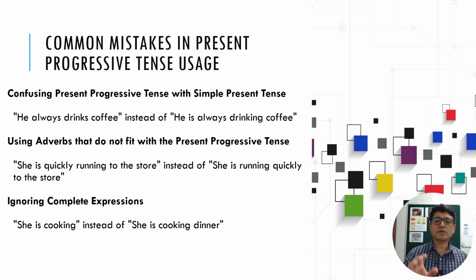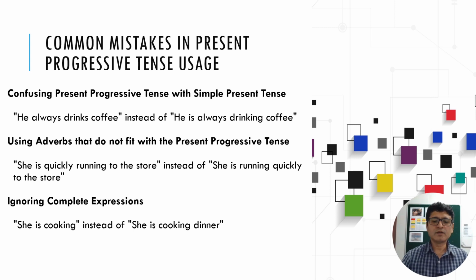Now, using adverbs that do not fit with the present progressive tense, or putting them in the wrong order. So, she is quickly running to the store. Instead of this, the sentence will be she is running quickly to the store. So we'll be putting these adverbs after the verb.